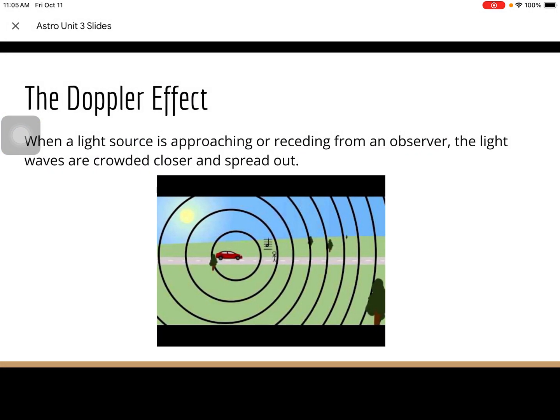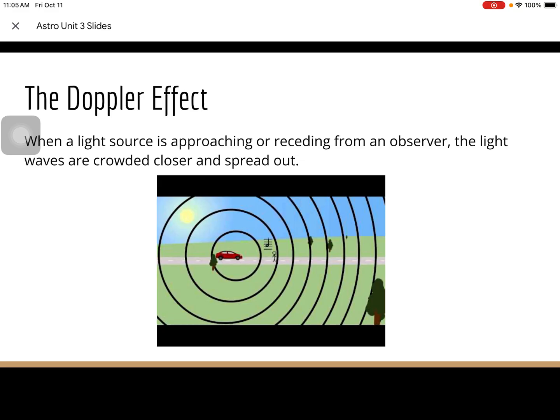Okay, the Doppler effect. So this is basically what your whole worksheet's about. When a source of light is approaching or receding from an observer, the light waves are crowded closer or spread out. It's just like, for example, when you're driving your car and you hear an ambulance. When it's really far away from you, it is really quiet, so you can slightly hear it. Then you start looking to see where the fire truck or ambulance is coming from.